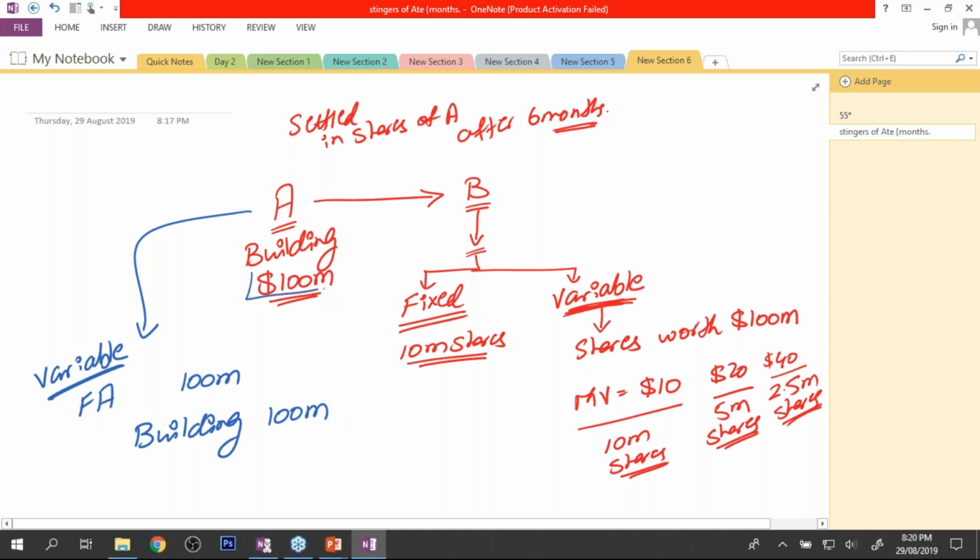Because A is giving a building of $100 million and in return getting shares worth $100 million. Both the values are exactly $100 million, so we are going to record it at that value.